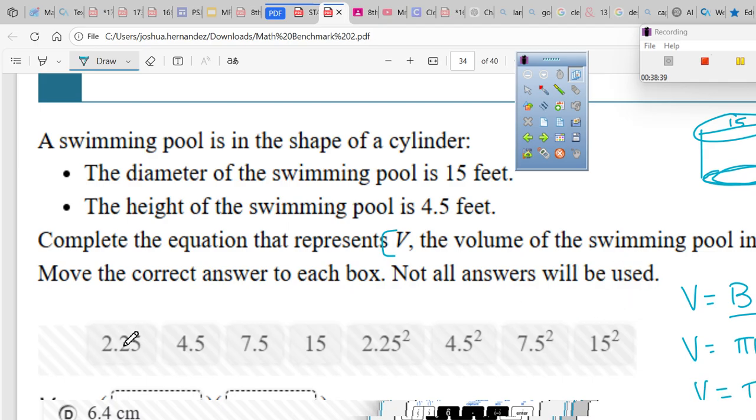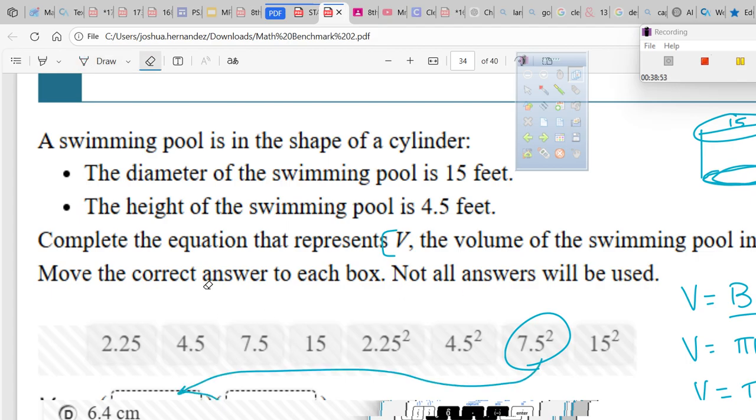Volume is equal to pi, your radius is 7.5, squared, times your height, 4.5. Really easy, guys. Easy stuff.